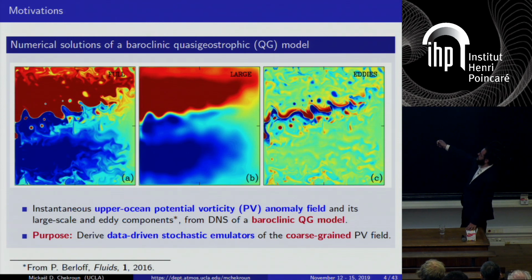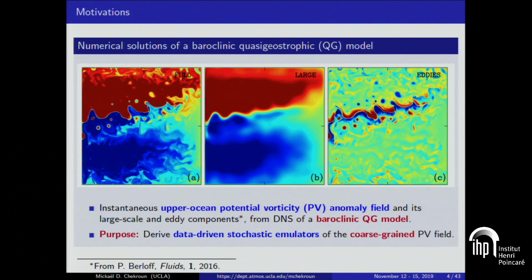And you have this guy meandering, and you have all sorts of small eddies that move around. So the purpose is to derive data-driven stochastic emulators. But I'm not going to deal with the full model first. I'm going to consider a coarse-grained version of it. Therefore, when I coarse-grain this field, I'm going to lose information and how to model this guy.